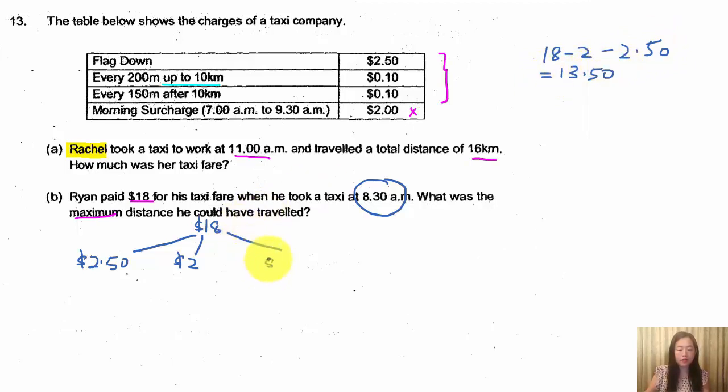So $13.50 is used to pay for the distance traveled by the taxi driver. So if you remember, just now we realized that this one here is a maximum of $5. So we know that for $5, Ryan can travel up to 10 kilometers, which means that the rest of the money can be used to travel for the remaining distance.